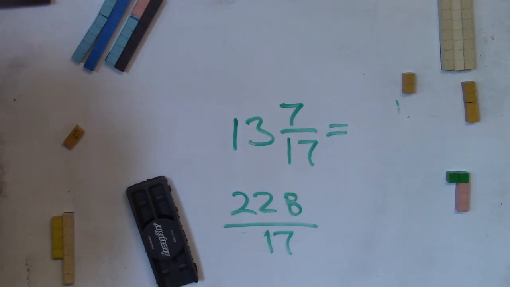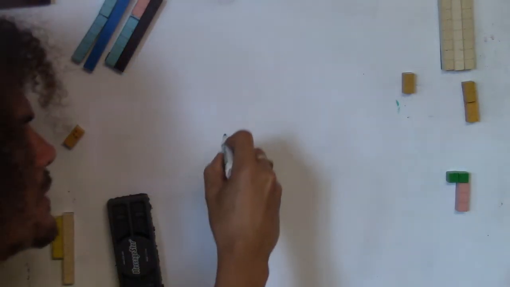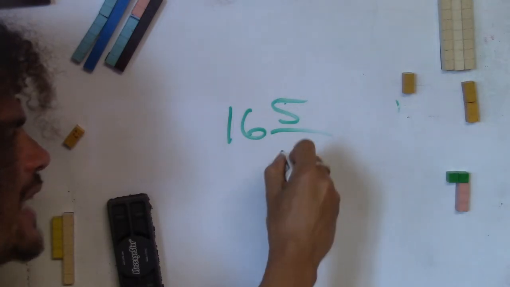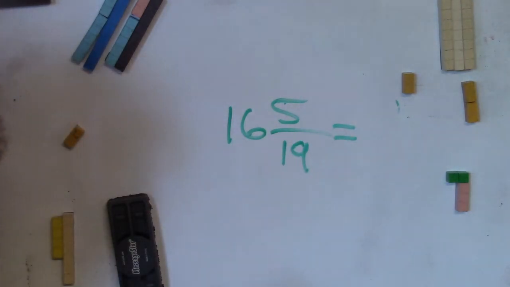All right. Let's see if I can give you a toughy one. How about 16 and 5 19ths? Just to be pesky. What are we doing? We're practicing our math facts. What's 16 times 19? Wait a minute. I think we're gonna get to 300.